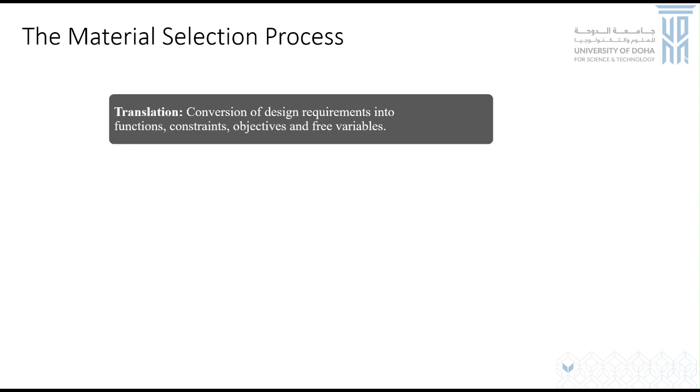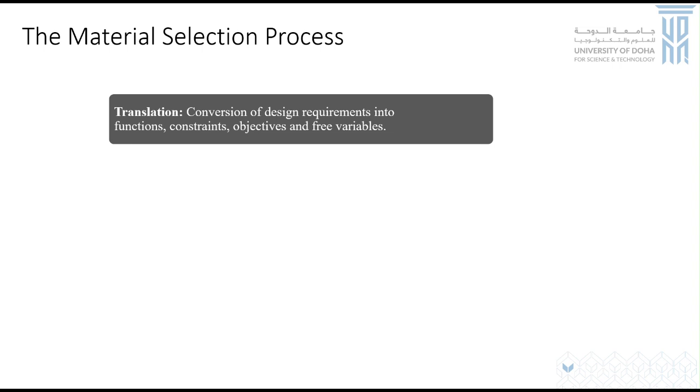They may refer to them in different ways, but essentially the central idea is the same. The scheme that I am discussing here is mainly based on Professor Ashby's work in this area, and that's why I'm using his book here as well. That basically divides the selection process into 4 distinct steps.